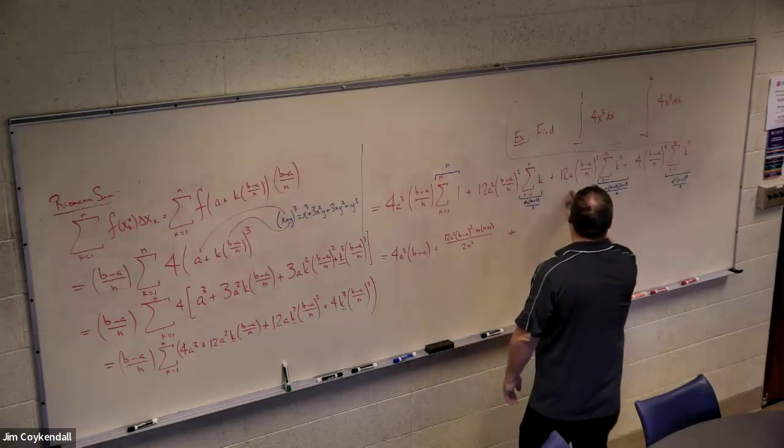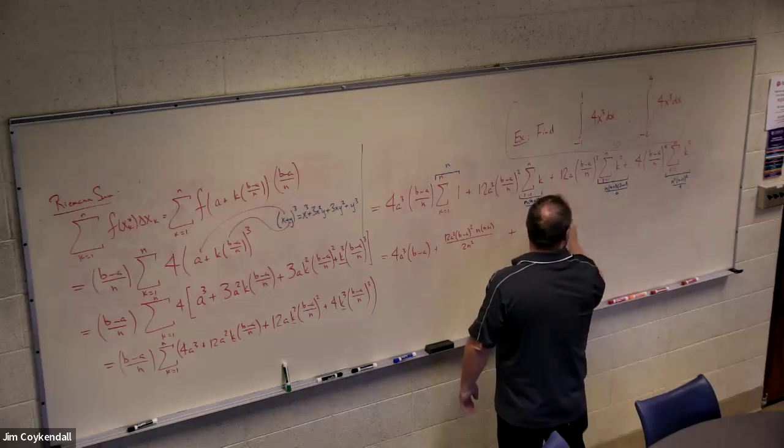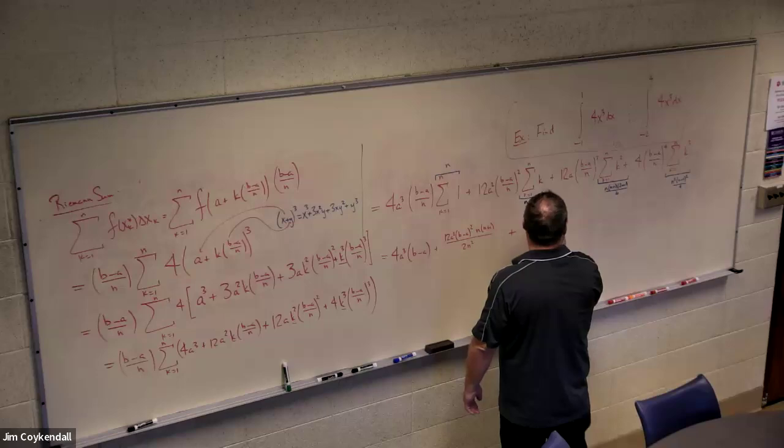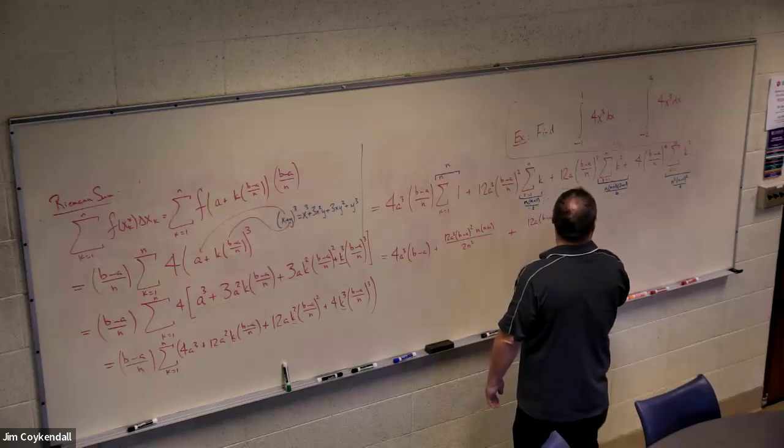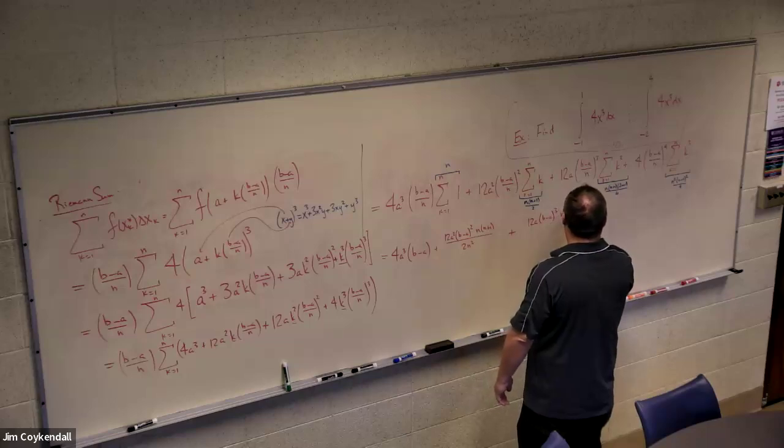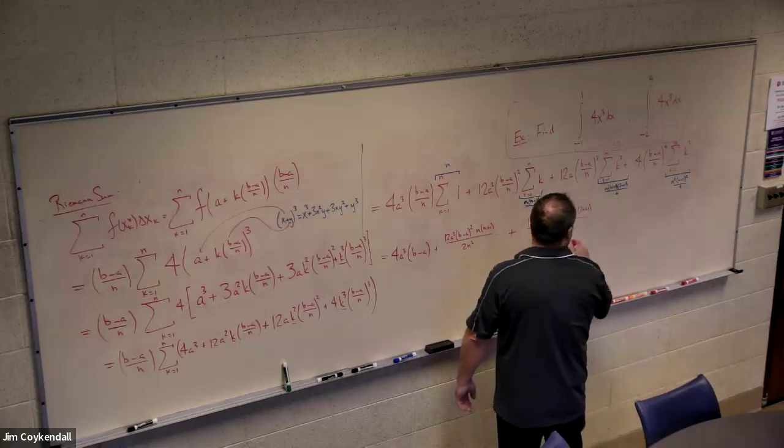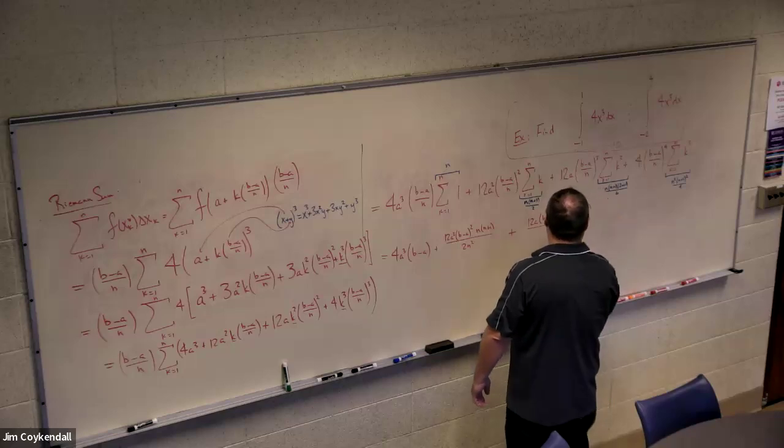Plus this bit on the top, I've got 12a (b minus a) cubed, n plus 1, 2n plus 1. And in the bottom, what do I have? I have 6n cubed.